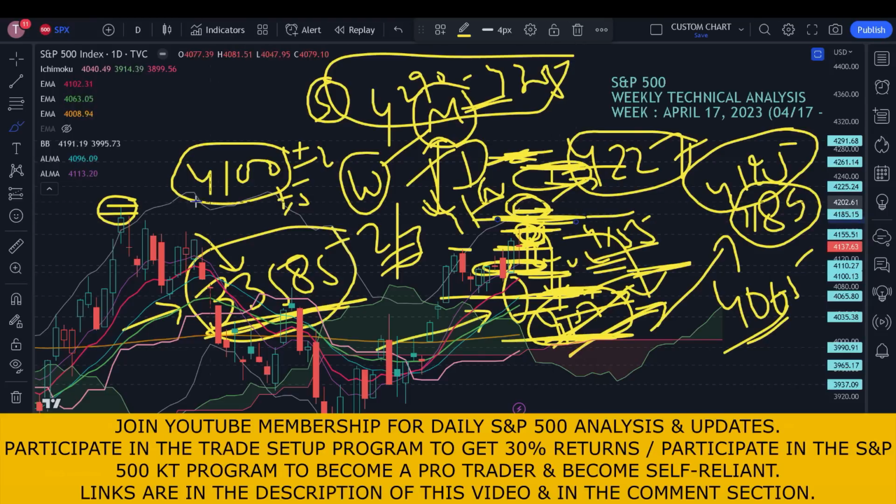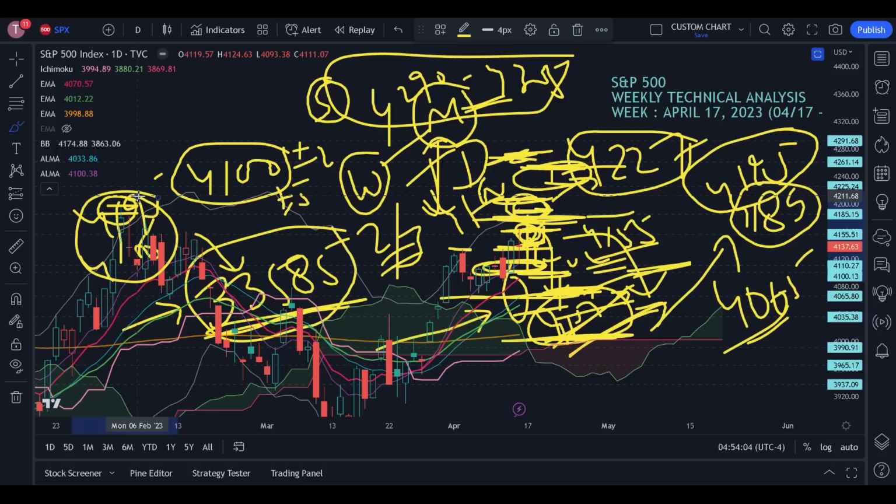And then a breach and close above 4195 means, yes, now that is another good support. Then 4195 to 4160 will act as a very strong support zone. So when it breaches and closes above these, then these will act as very strong support levels, and any fall thereafter will be restricted to these levels.